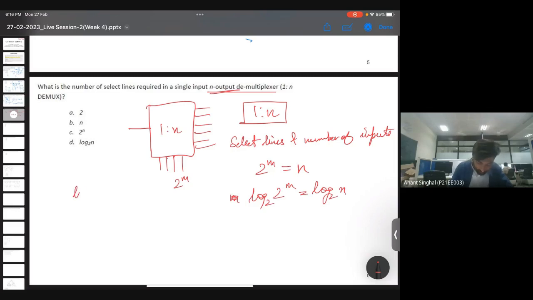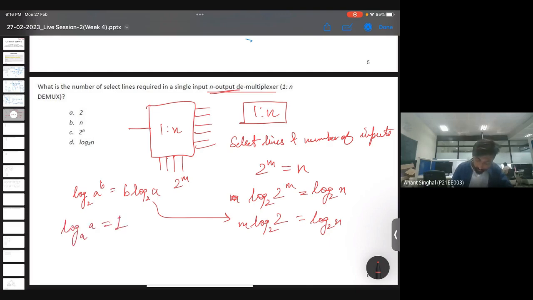We know that log a to the power b is nothing but b log a. Using this property, we can write it as m log 2 equals log n. And we know that when the base and the inside value are equal, it is nothing but 1. So m is nothing but log n to the base 2. So the number of select lines will be log n to the base 2. The correct answer to this question is option D.